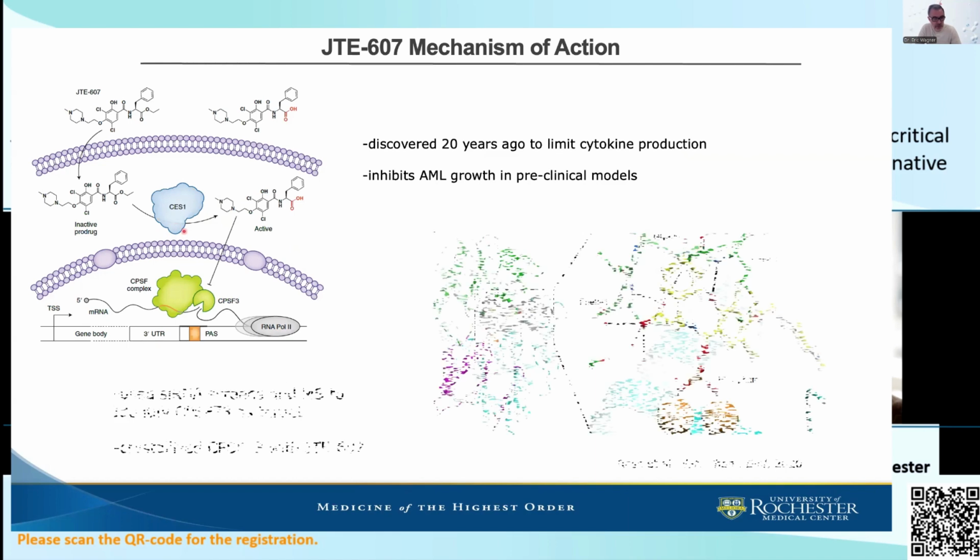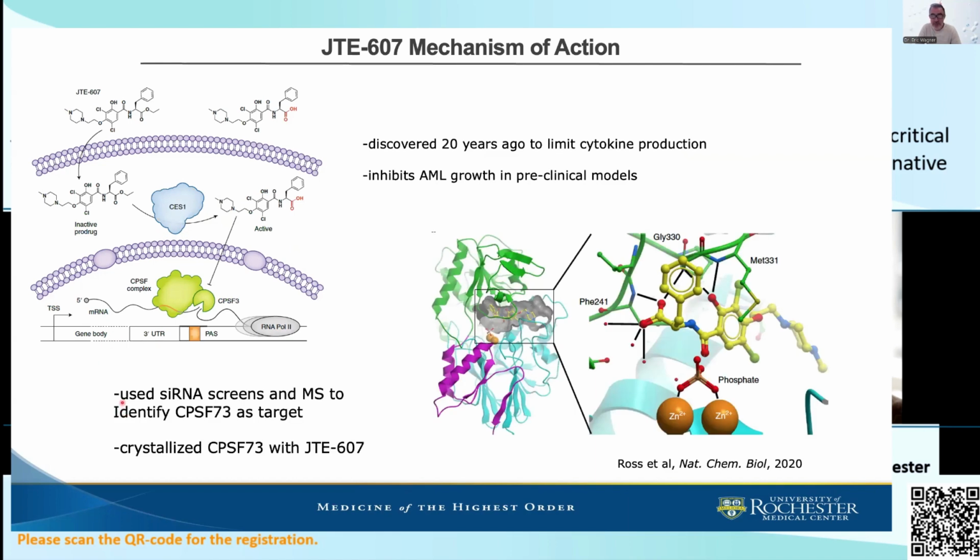Experiments were ultimately done to figure out that, unexpectedly, JTE607, which requires a conversion to an active drug, was able to inhibit an RNA endonuclease, CPSF73, which is encoded by the gene CPSF3. Other labs have solved the structure of JTE607 in the active site of CPSF73.